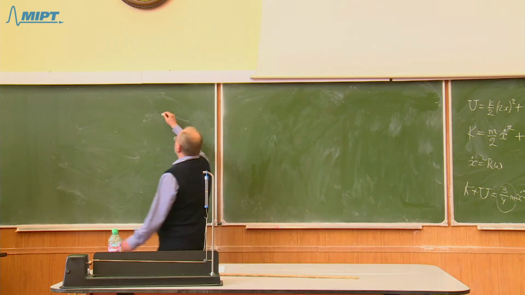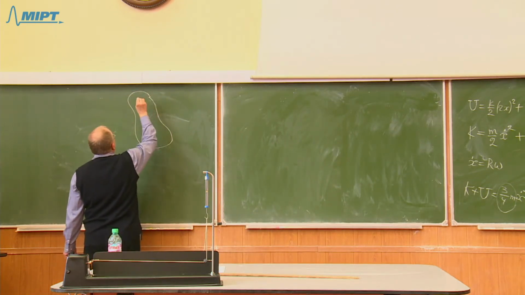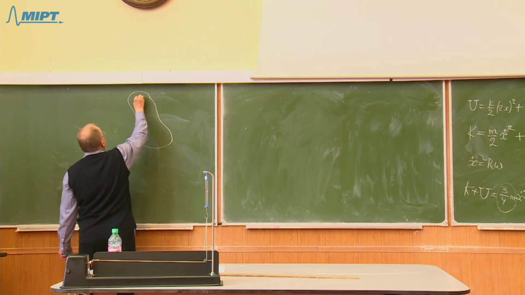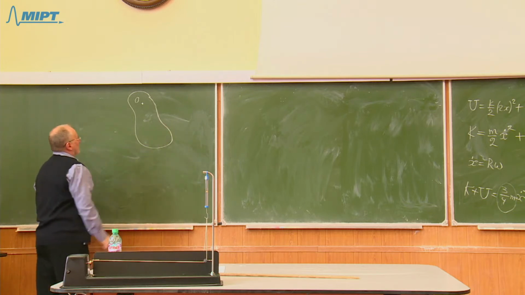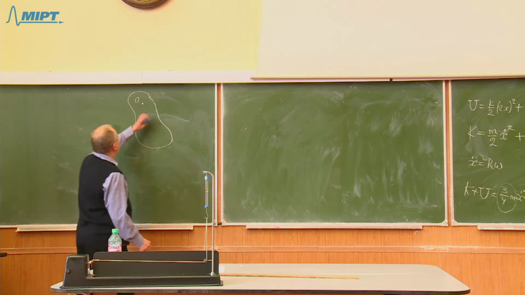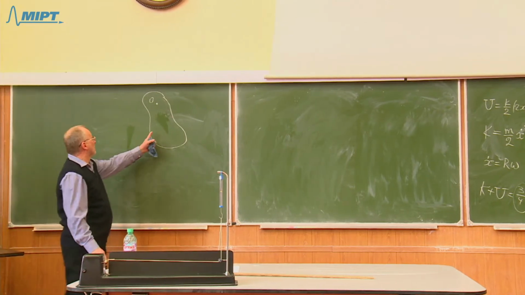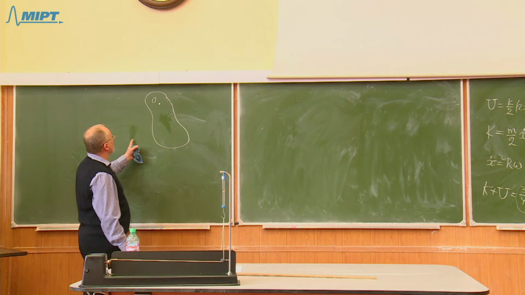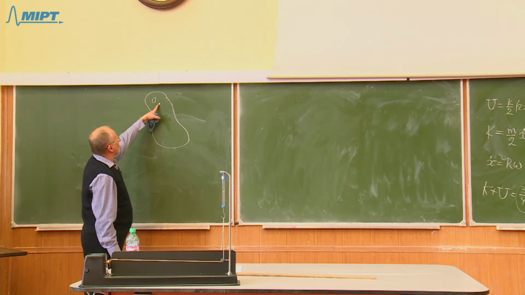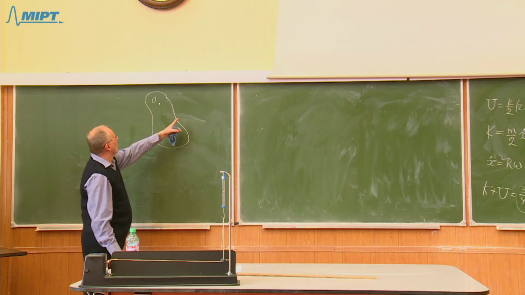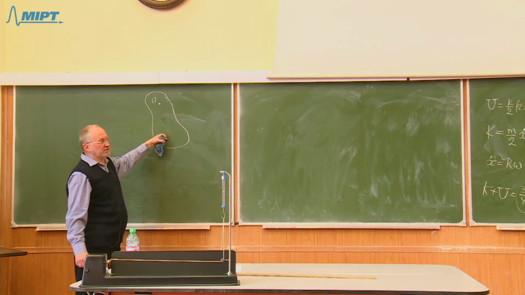So let there be an arbitrary solid body which is hanged by point O, so that it can oscillate as a pendulum. Such an arbitrary solid body which has some axis of rotation about which it can rotate and oscillate is called a physical pendulum.